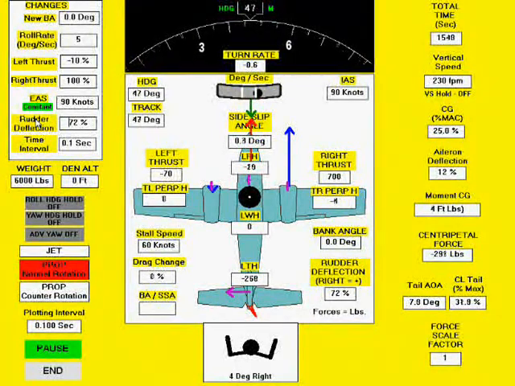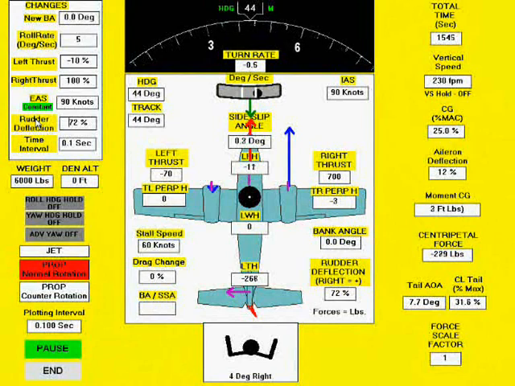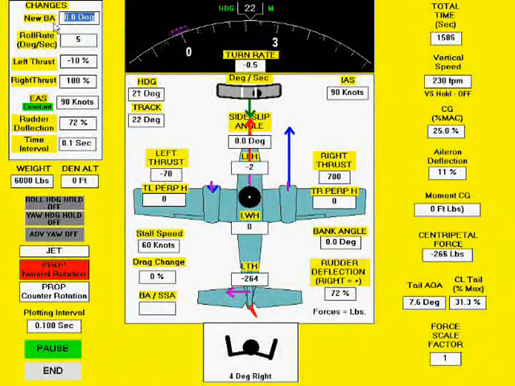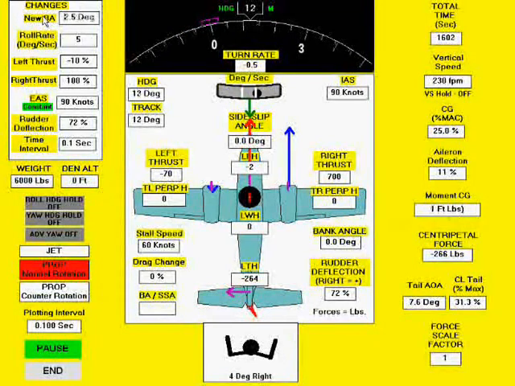Notice that in this case, a slight wheel pressure into the operating engine is required to maintain a zero sideslip angle. This is because prop-induced airflow over the right wing can increase lift on the right wing slightly more than the left, which requires slight right wheel pressure to maintain a zero bank angle.